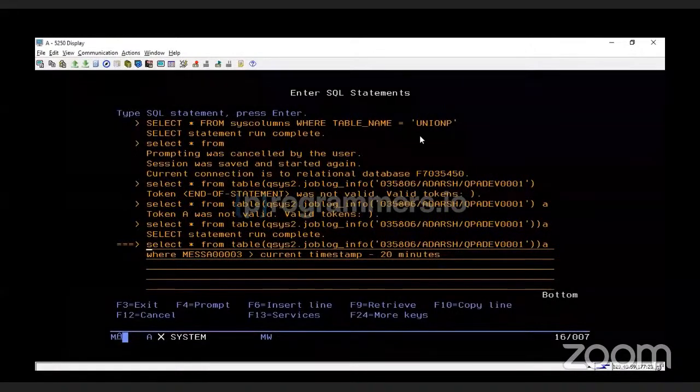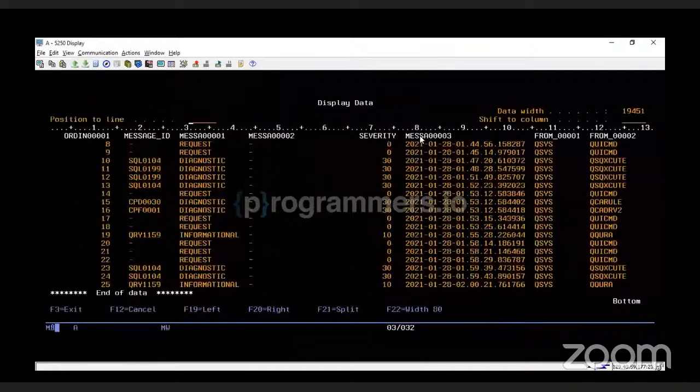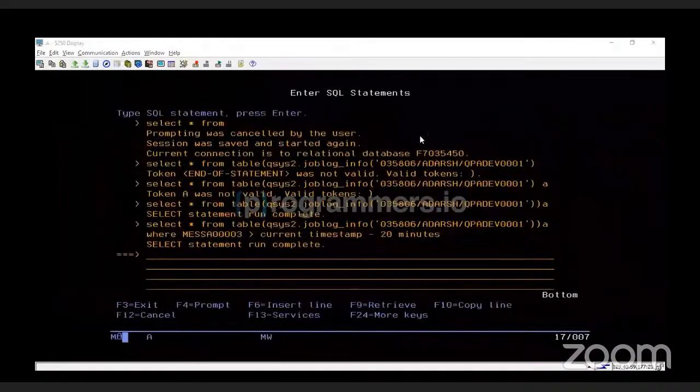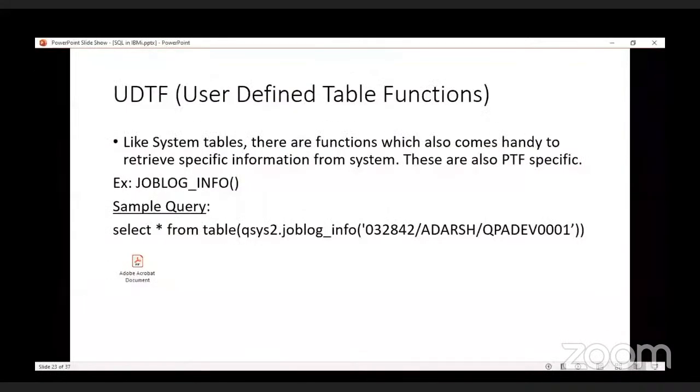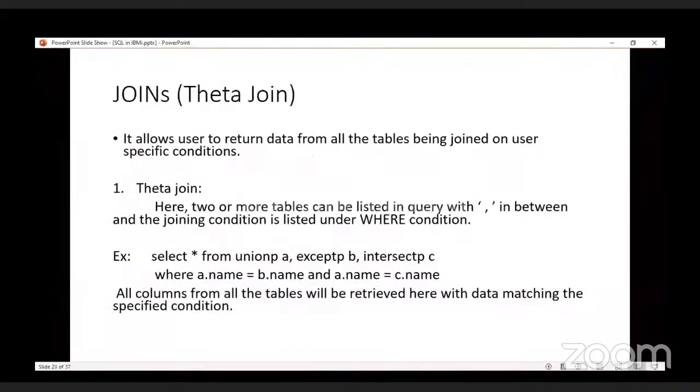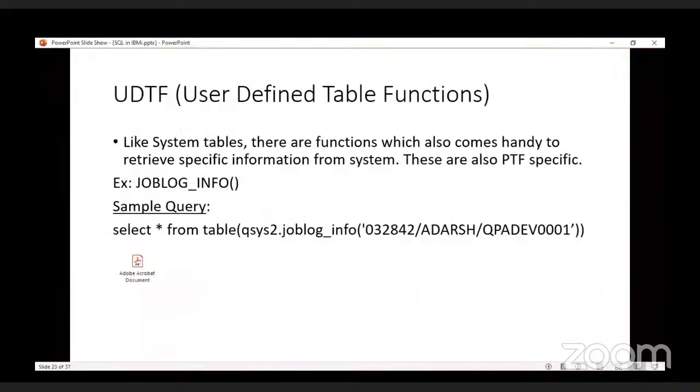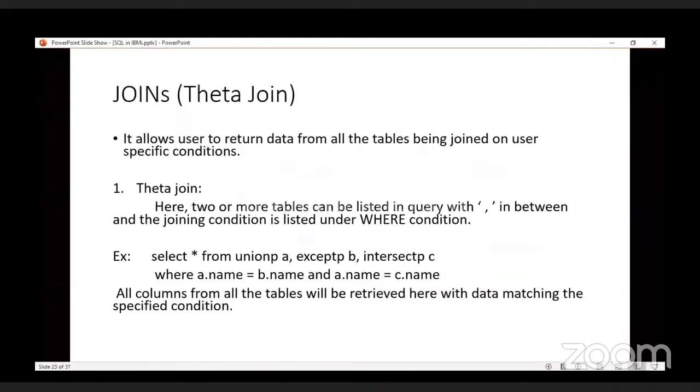So from the last 20 minutes, these are the logs that have been recorded in the system from this session that I'm currently using. So this can be used in this way as well. There are many other UDTFs which I would like you to explore from the IBM i site as well. It will be useful if you want to use it.